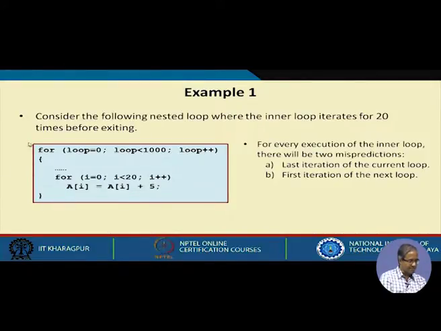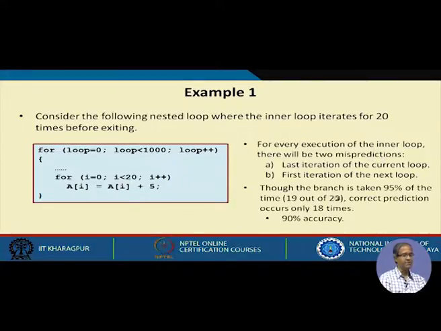But when it comes back and enters the loop again for the next iteration of the outer loop, it will again start with I equal to 0, and last time it was a not taken prediction. So, with not taken for I equal to 0, it will try to take the branch, so it will be a misprediction again. So, the first iteration of the next loop will also be a misprediction.